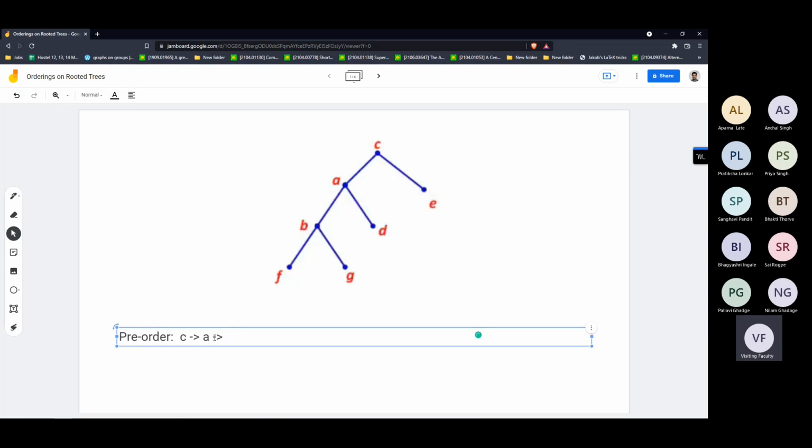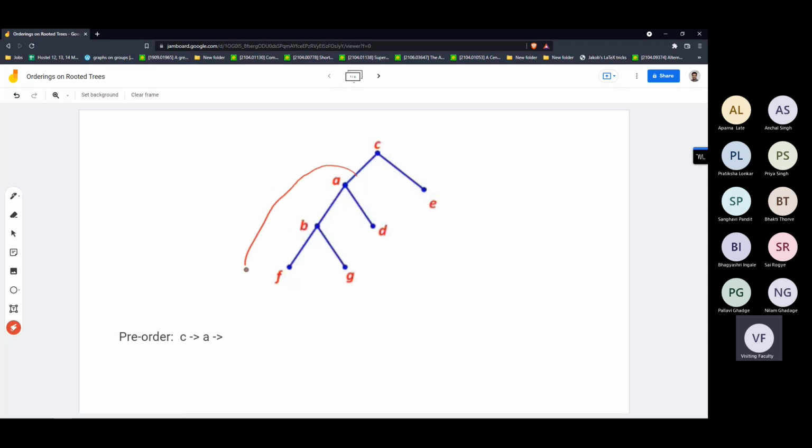Now, once again, look at this tree. In order to complete this, the root, then the left subtree, then the right subtree. So you have to go to the left subtree first. Again, here you have root, left subtree, right subtree, but these are only vertices, so it's clear now.